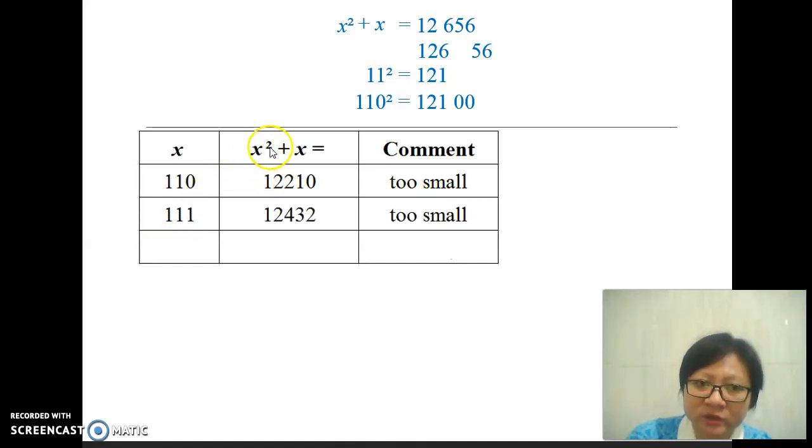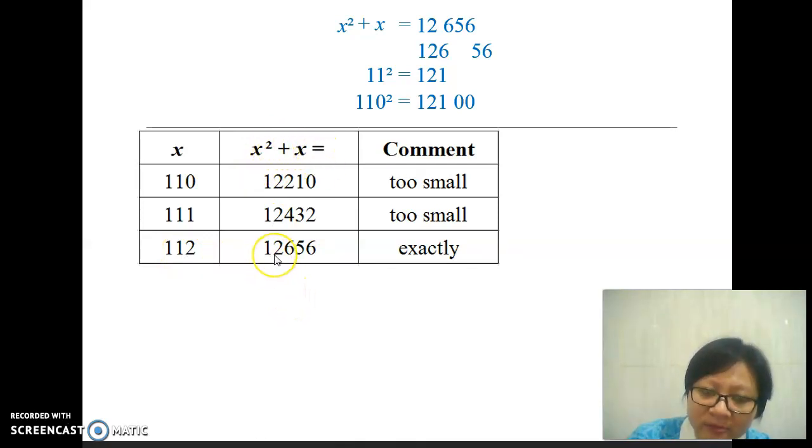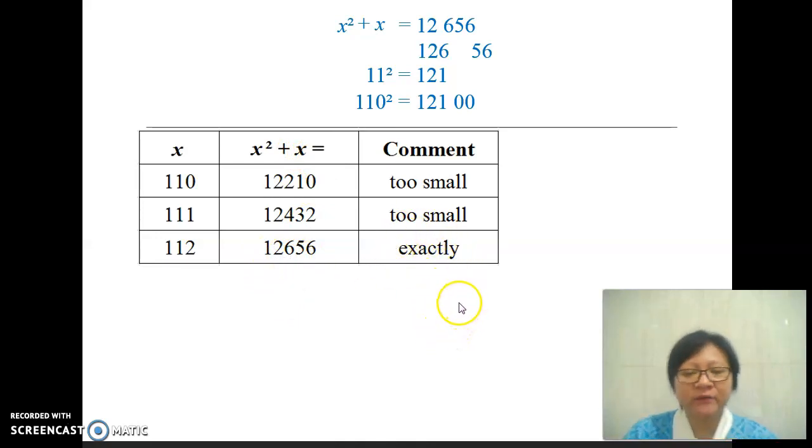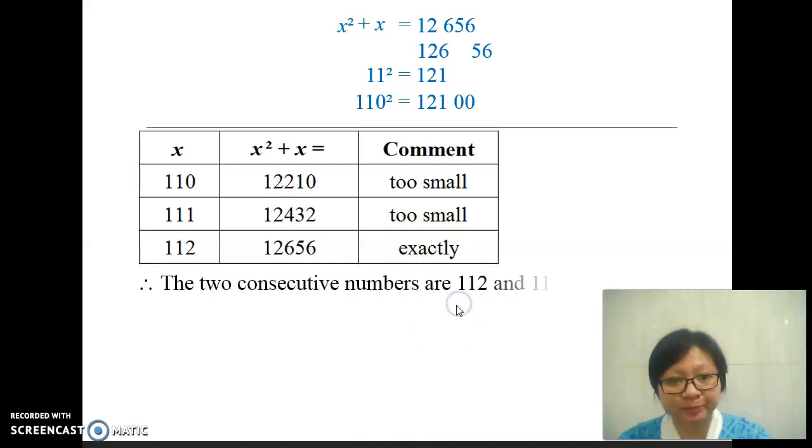So 111 squared plus 111 equals 12,432. Too small. And then improve again. Let's try 112. Okay, 112 squared plus 112 equals 12,656. It's exactly. So now you have found the value of x.